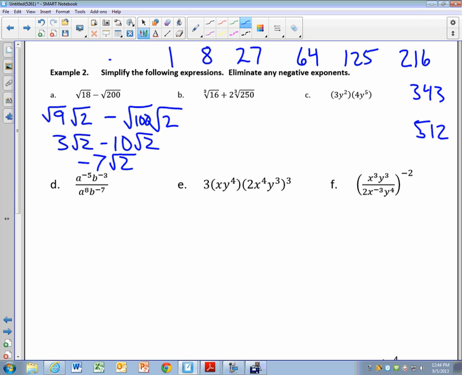We don't need to do them all, but that should be enough. See if you can reduce this, just like we did here, except you're using cubed roots. So you're going to have to use some of these numbers now, not your square roots, but your cubes. See if you can reduce B.